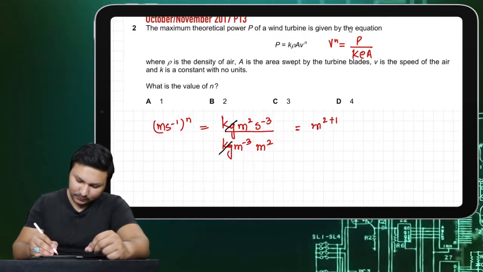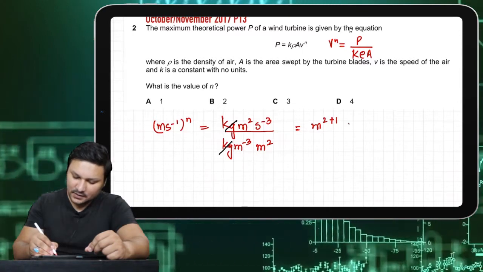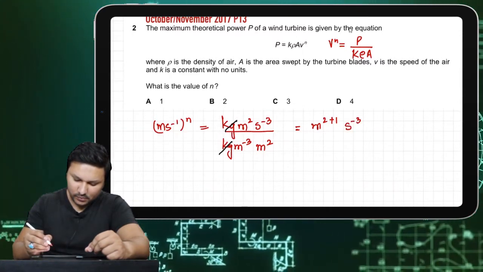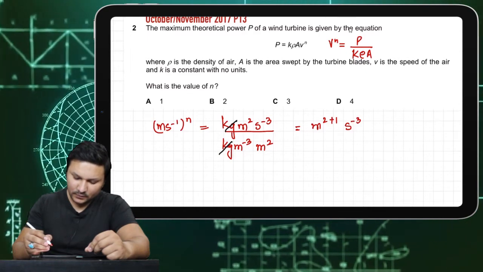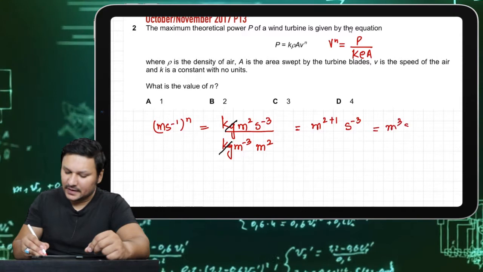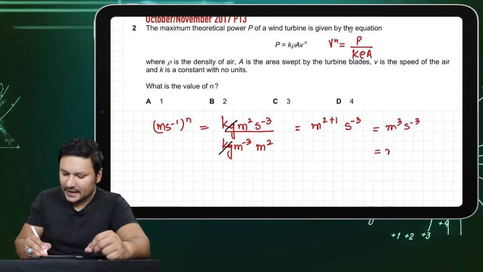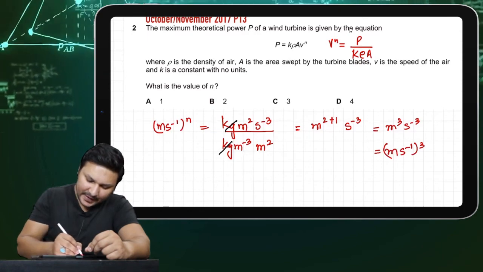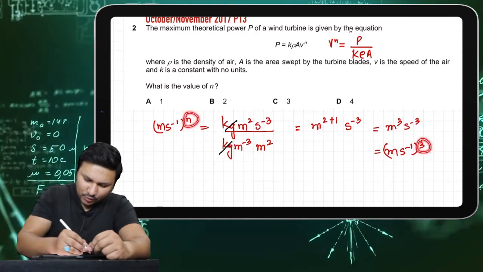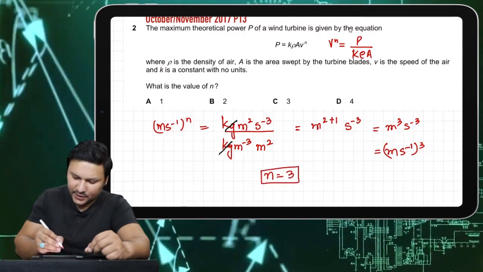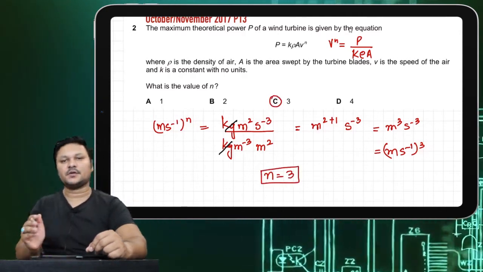And s has the power minus 3. So in that way, m cube s minus 3, you can also write it as m s minus 1 whole power 3. So if you compare, n has a value of 3 because bases are same, power can be equated. C is the correct answer.